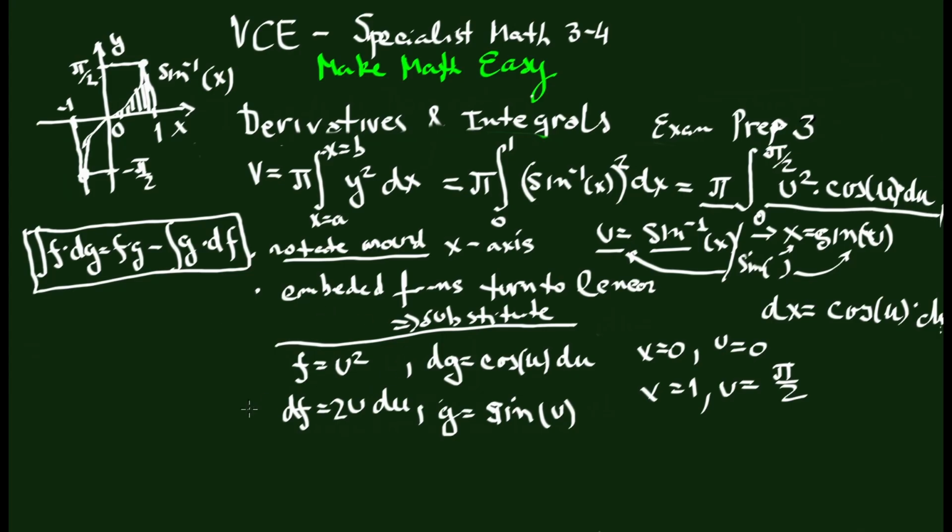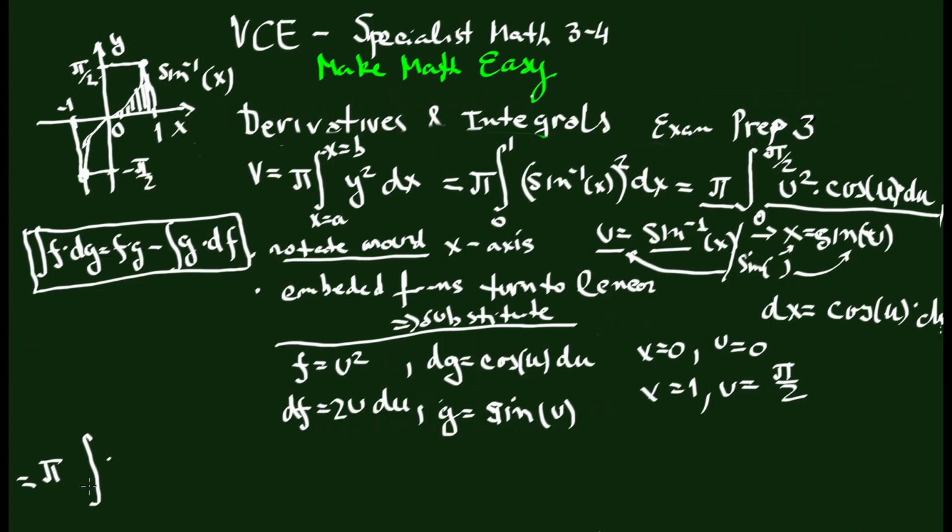So what do we have? Our formula will become pi integral of, we'll leave the boundaries aside for now. So what's f times g?